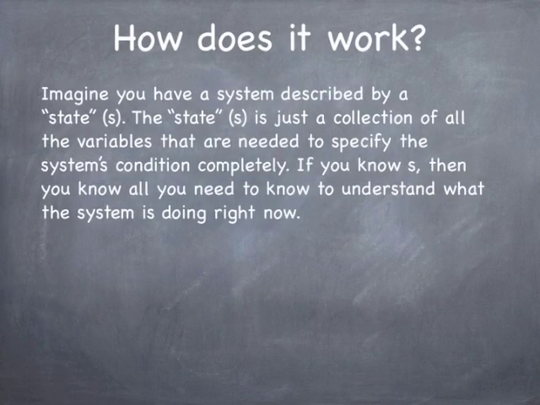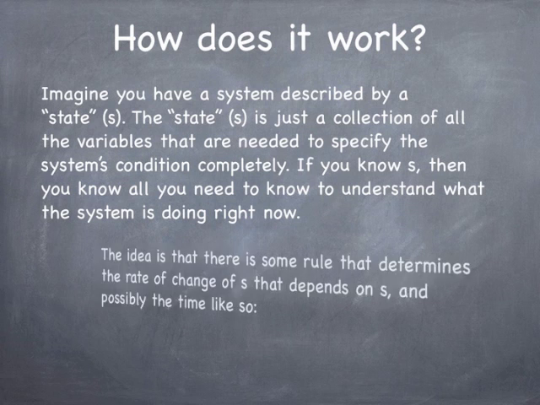How does it work? So the idea is you have this thing, we're going to call it the state. Now it's simply a collection of variables that you need to specify whatever the system is doing at any given moment in time. So it could be a single variable or it could be multiple variables depending on the complexity and the number of particles and so on in the system.